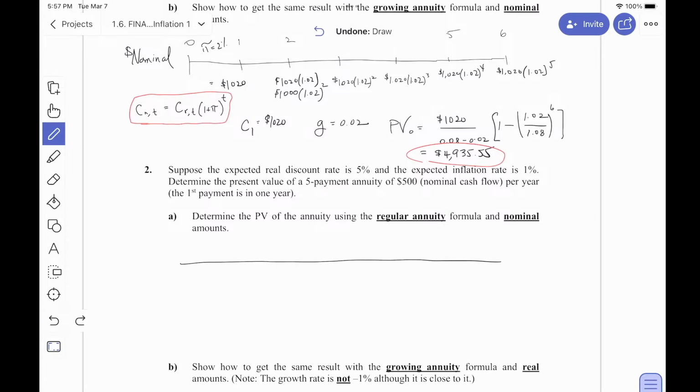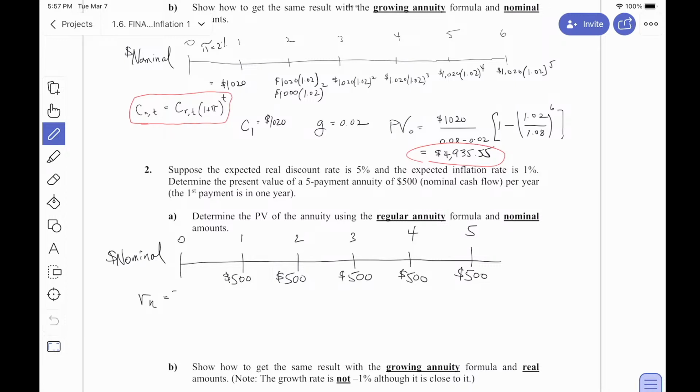So for this problem, you have 5 payments of $500 each. And you're told these are nominal. To find the present value of these cash flows, you need the nominal rate. You're told that the real rate is 5% and inflation is 1%.